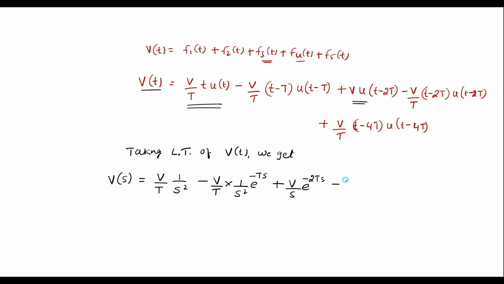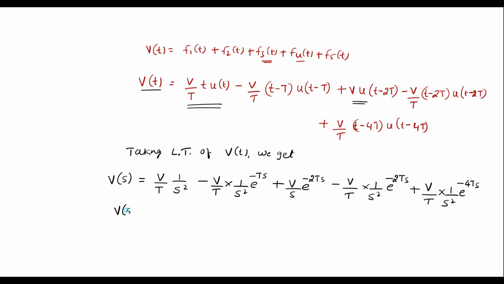Here we have minus V by T, again a shifted ramp signal shifted by 2T, into 1 by s squared, e to the power minus 2Ts, and finally plus V by T shifted by 4T, into 1 over s squared, e to the power minus 4Ts.